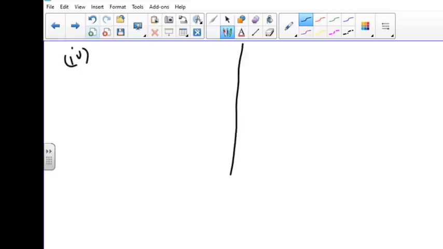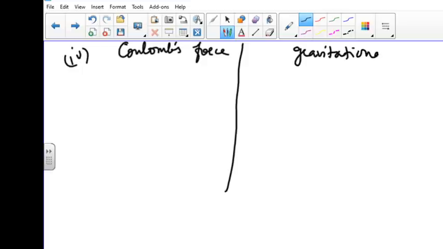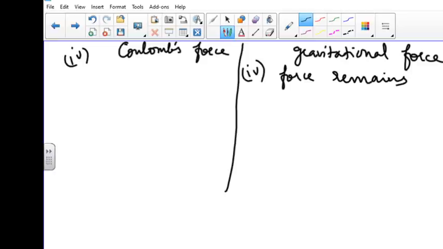So this is Coulomb's force, and this is the gravitational force. The gravitational force remains the same whether the masses are at rest or in motion.